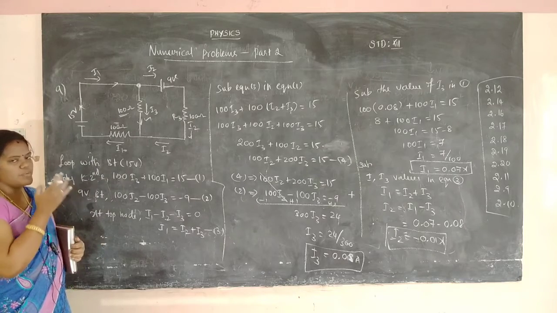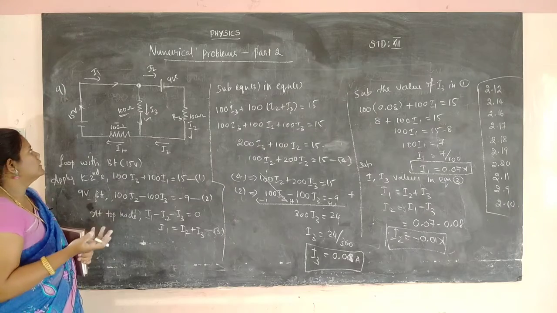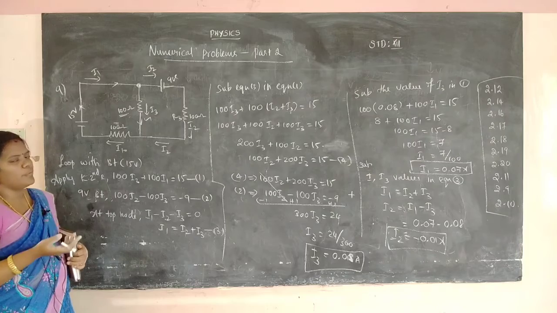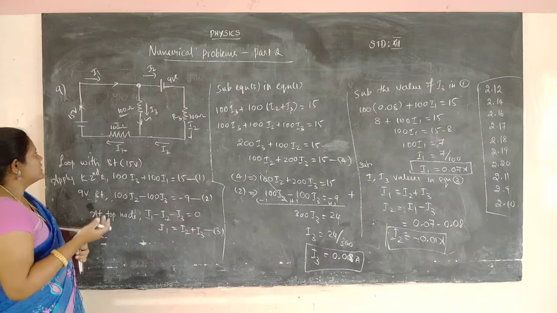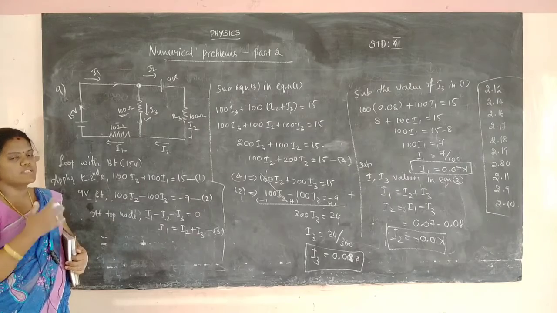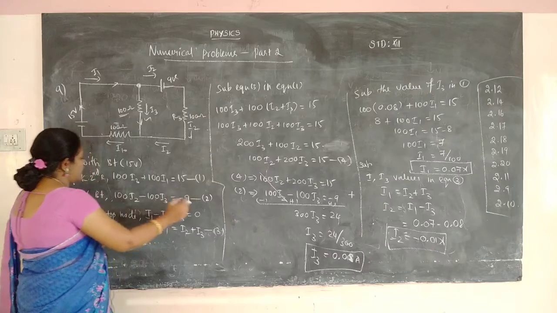In this problem, there is one circuit having 3 current values and 3 resistance values, 100 ohm, 100 ohm, 100 ohm. First we consider the two loops and apply Kirchhoff's two rules in the two loops, taking equations 1 and 2.